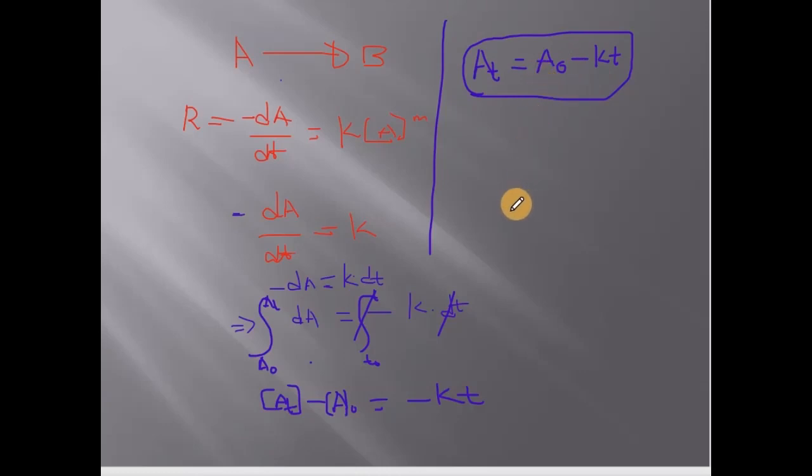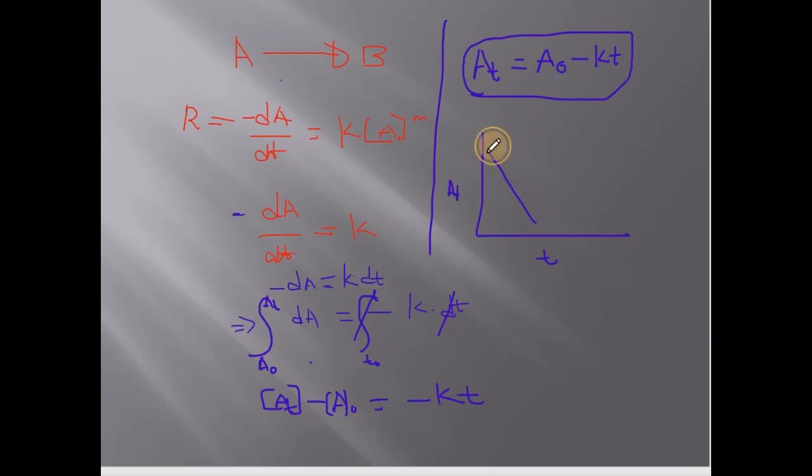So let's see how we can have a graph of this. So a graph of At against time t will have a negative slope. So negative slope means that as you increase the time, the concentration of the A will drop. So the graph will look like this.